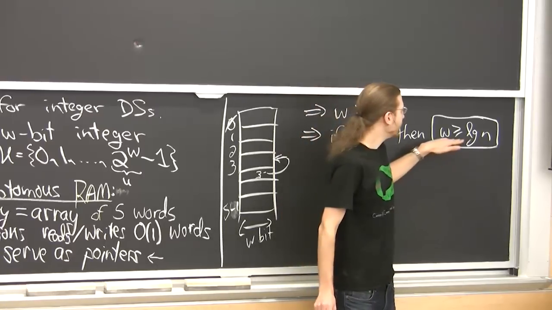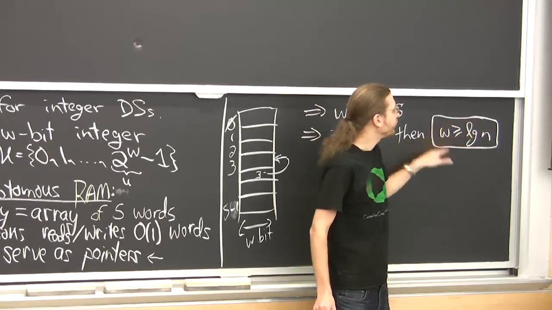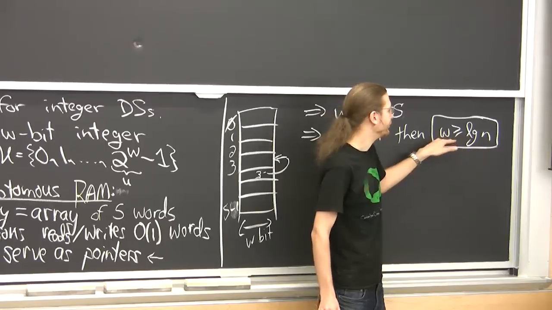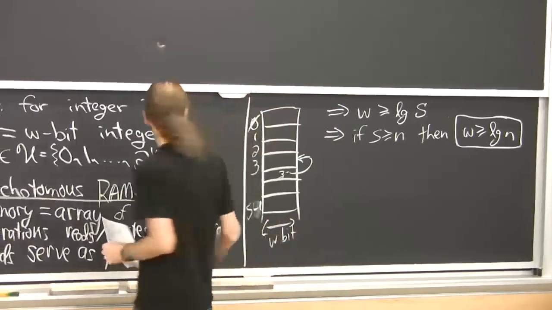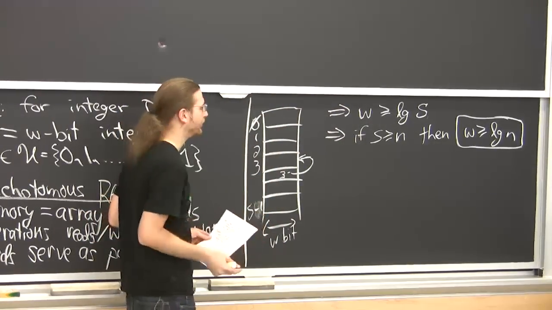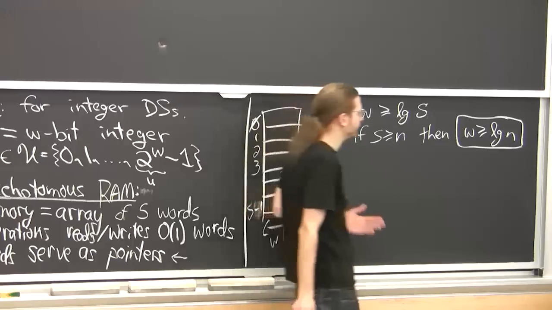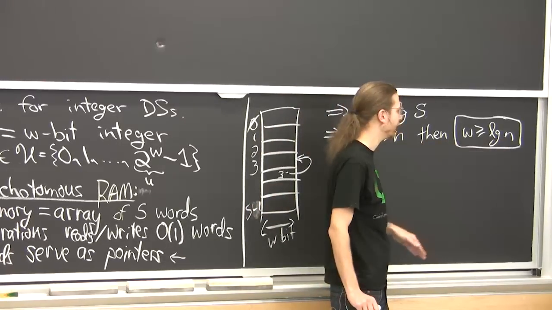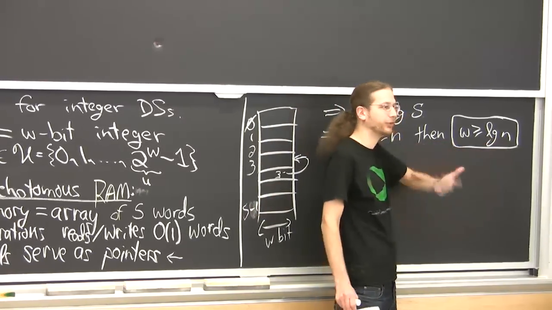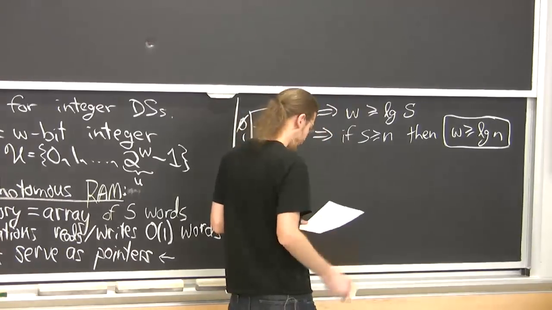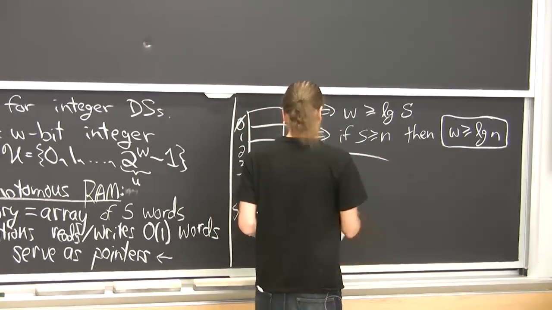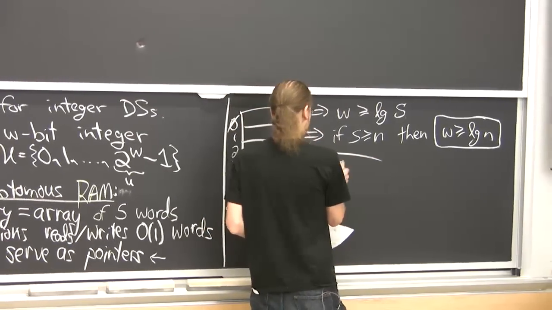But theoretically, this is a nice way to formalize the claim that word sizes don't need to get too big unless memories get gigantic. It may seem weird at first, but it's very natural. All real-world machines have big enough words to accommodate that. Word size could be bigger, which gives you essentially more parallelism, but it should be at least that big. All right, enough proselytizing.